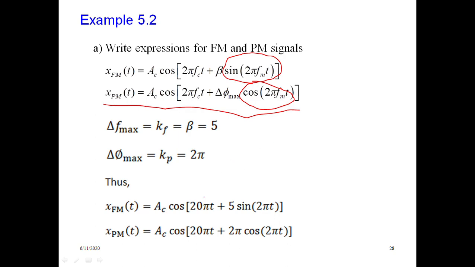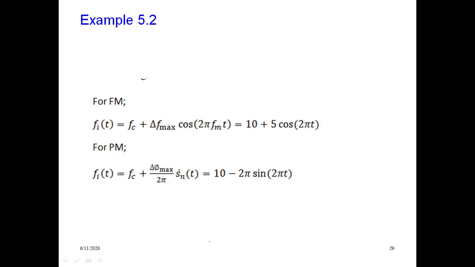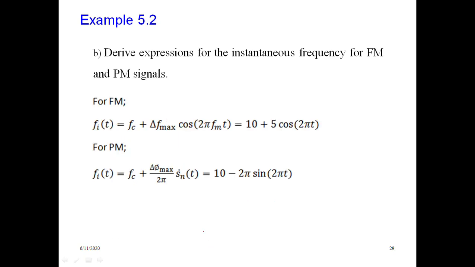When you substitute, delta F max beta is here 5, and delta phi max is 2 pi. This is integration, and this is 2 pi FCT, FC is 10.